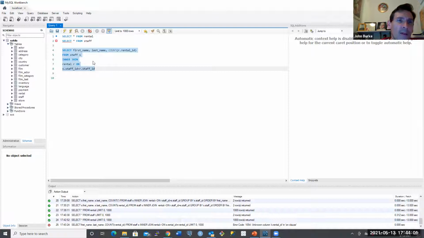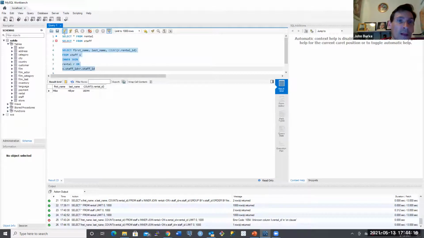By the way, when I'm doing longer queries, I like to run them in bits and pieces to make sure that each piece I'm adding produces something akin to what I'm looking for.